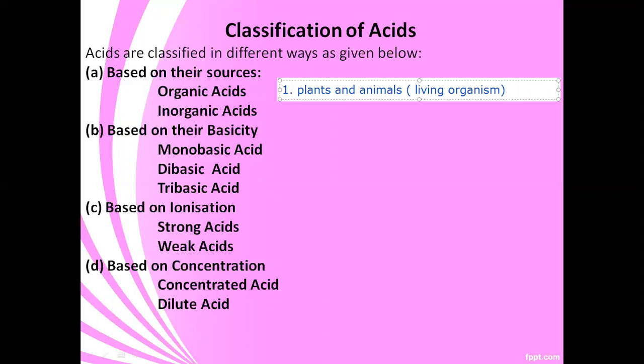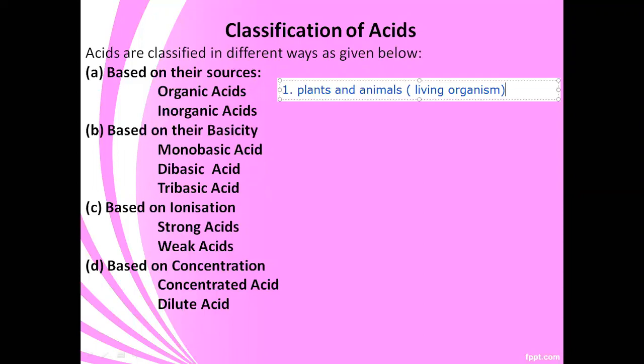So the organic acid is present in plants and animals. For example, HCOOH, CH3COOH. These are examples of organic acid.